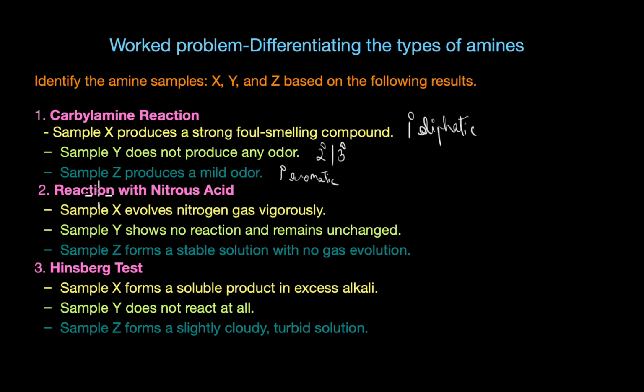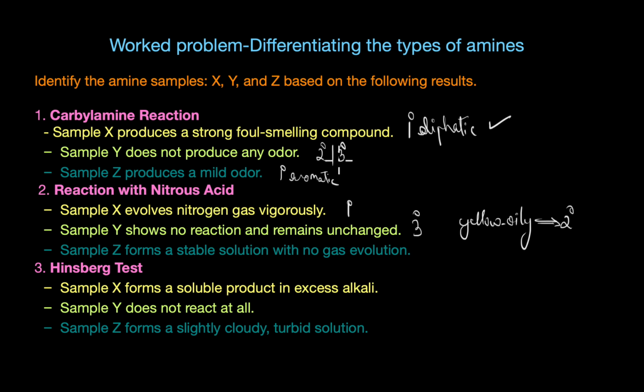Alright, let's look at the next reaction, reaction with nitrous acid. X evolves nitrogen gas vigorously. So this once again confirms the presence of primary aliphatic amine, correct? Y shows no reaction and remains unchanged. So this means it has to be a tertiary amine. Why? A secondary amine would react with nitrous acid to form a yellow oily liquid, remember? So yellow oily liquid corresponding to N-nitrosoamine would be formed if we had a secondary amine.